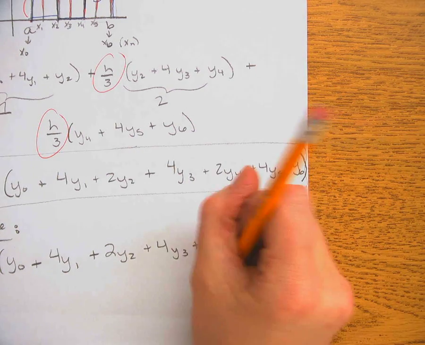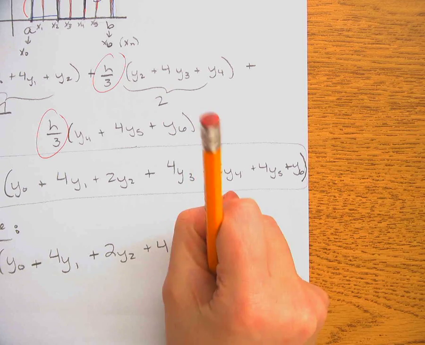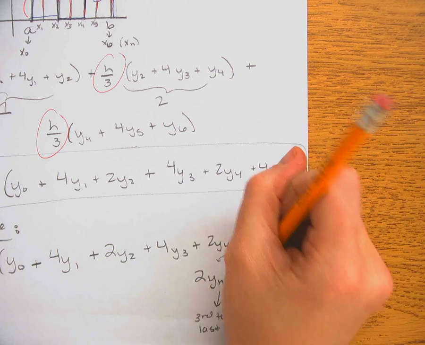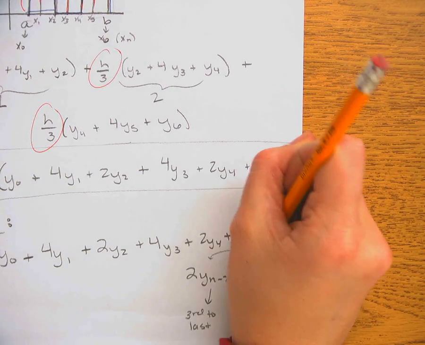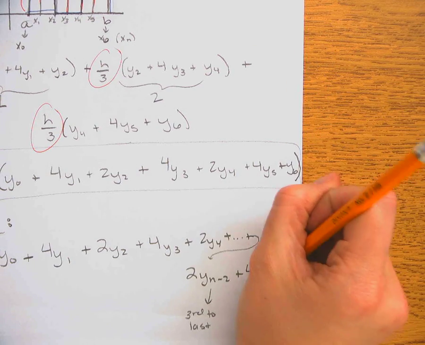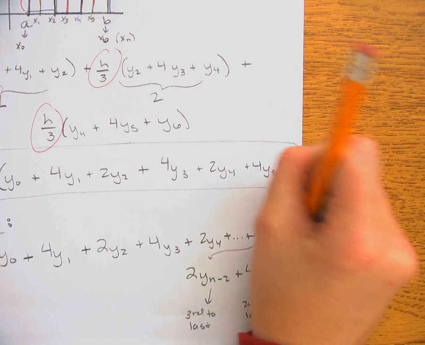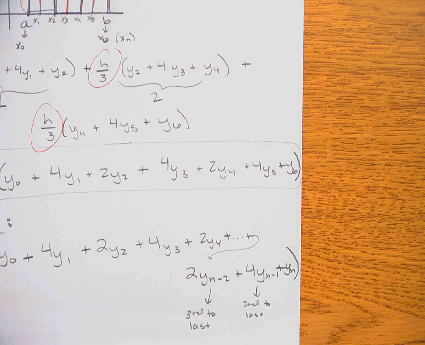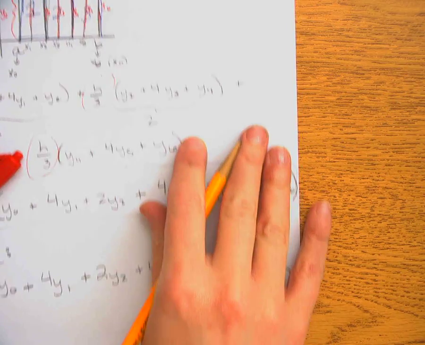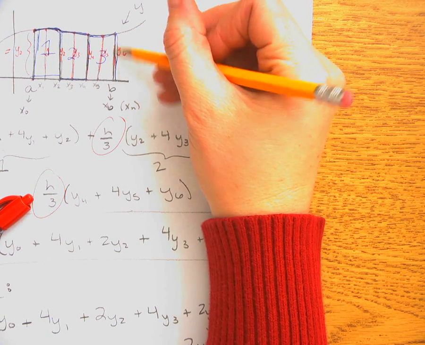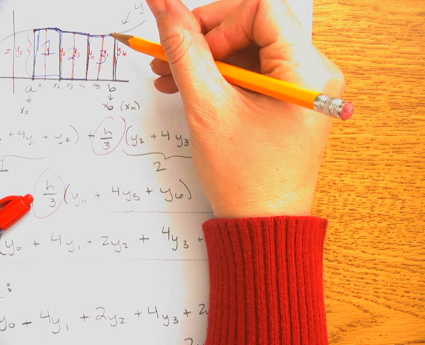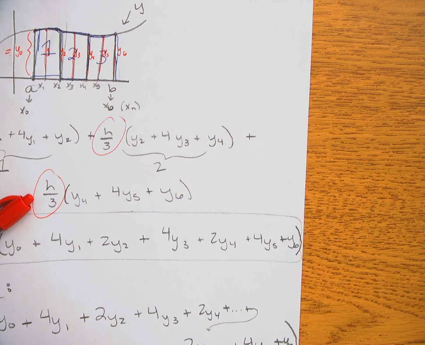And so that n minus 2 just means it's the third to last y value. The second to last is always going to be 4. And then the last one is always going to be used just once, because it's this height right here, which there's nothing on the right of it, so it's used only once.